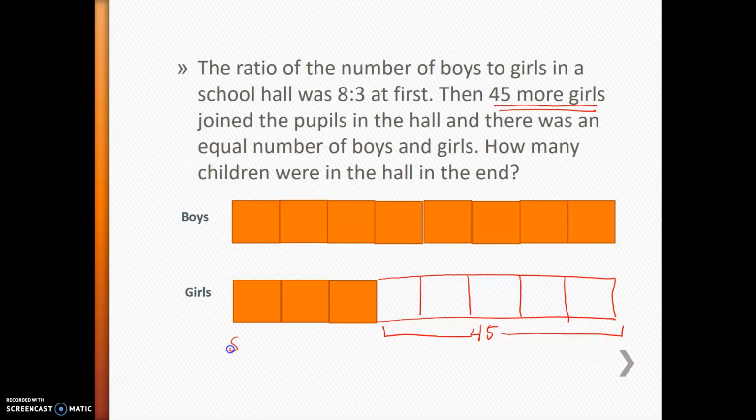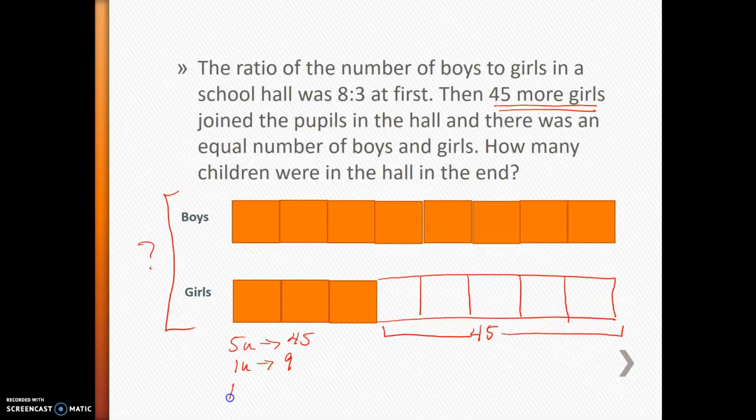Now we want to know how many children were in the hall in the end. Well, let's solve using unitary method. So 5 units equals 45. That means 1 unit equals 45 divided by 5, which is 9. And we want to solve for all of these children, which means we need to solve for 16 units, because I've got 8 units of boys and now 8 units of girls.